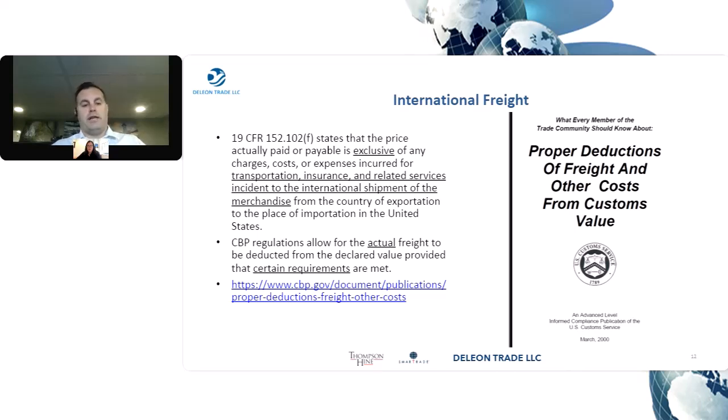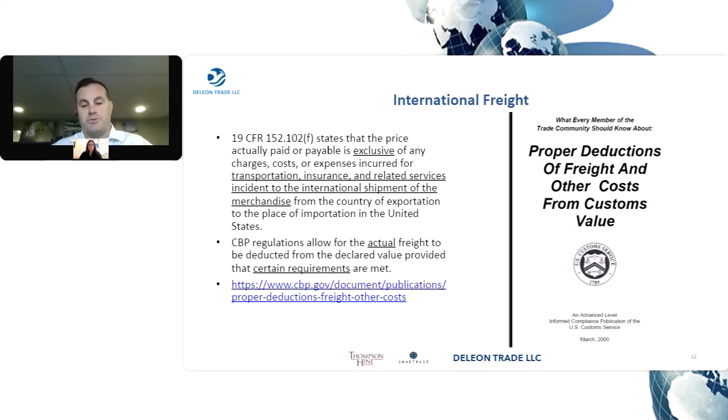So if you're importing on a CIF or CIP term where there's an amount for international freight built into that price, you can only deduct that international freight portion to the extent that you can substantiate it. And by third-party record, I don't mean the supplier. I mean what the supplier paid their carrier. So you need documentation from the carrier in that instance to substantiate it.